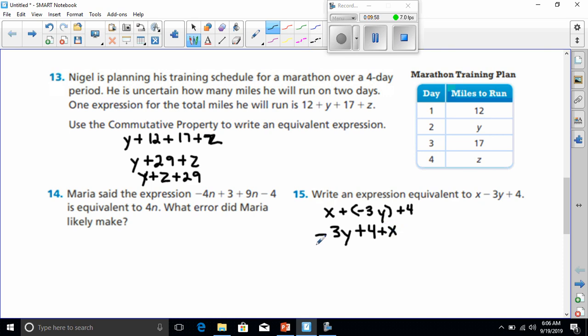I could even say that this could be x plus 4 minus 3y.